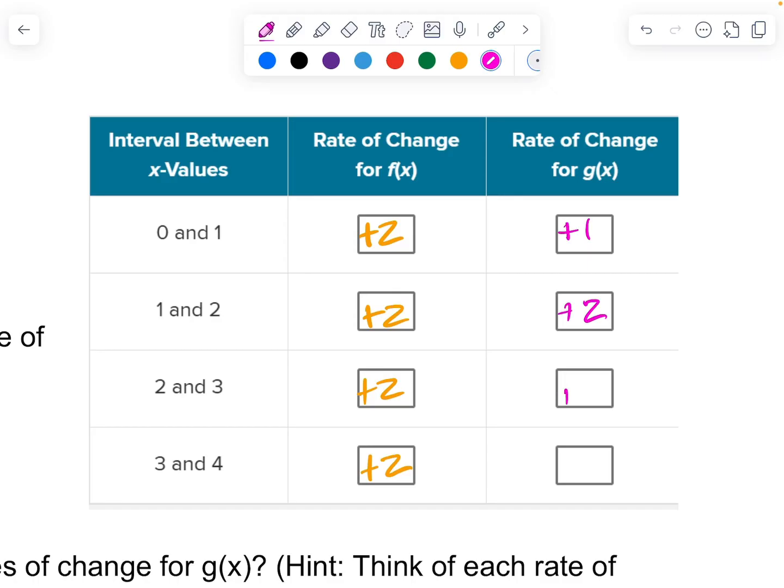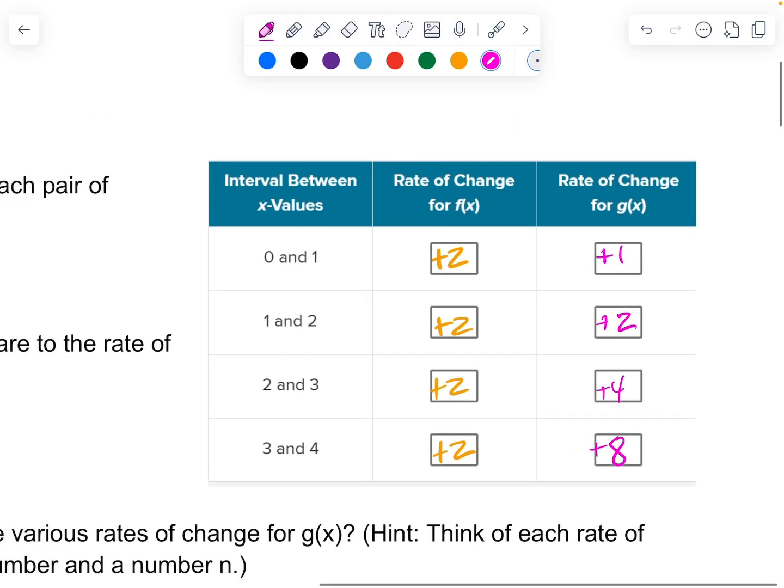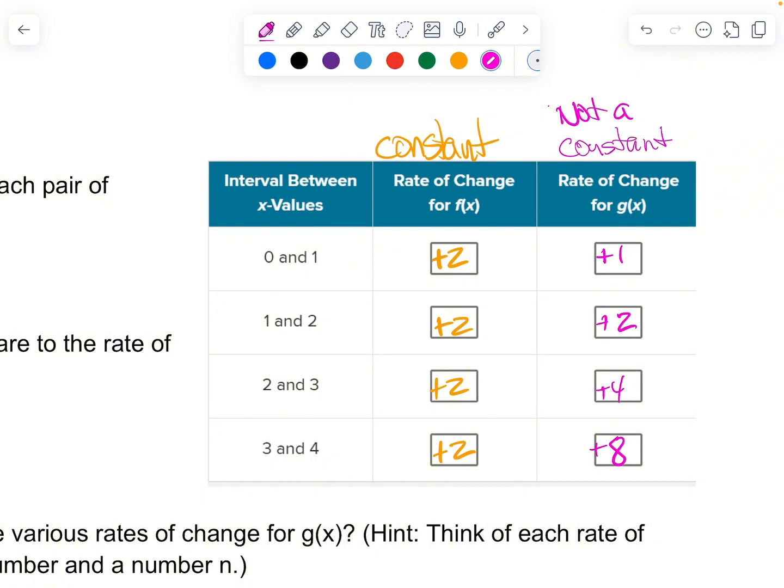So this has a constant rate of change, and this has, what do I just say? Not a constant rate of change. That means that this is linear and this is nonlinear.